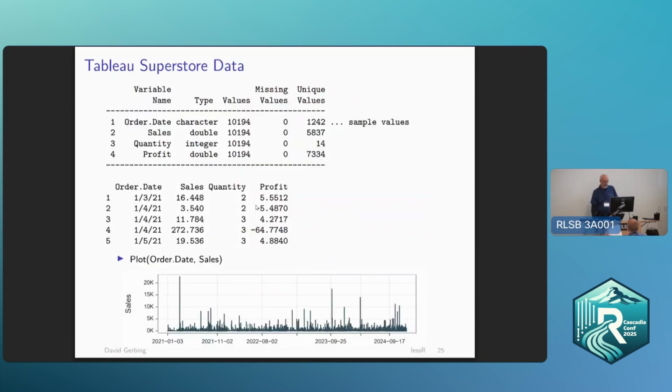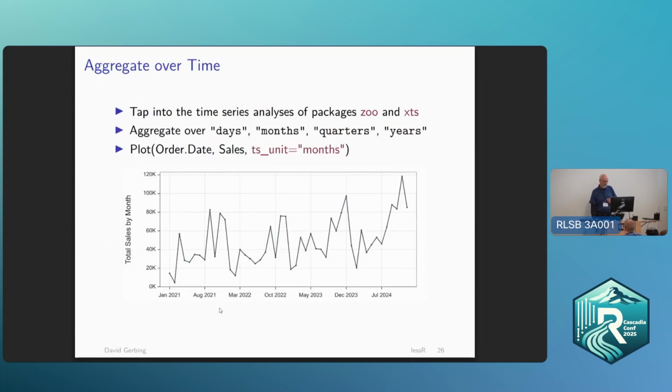Here's the Tableau Superstore data, and we have order dates. We have sales, and here's 1 sale on January 3rd, 3 sales on January 4th, and so forth. And here's the time plot of that.